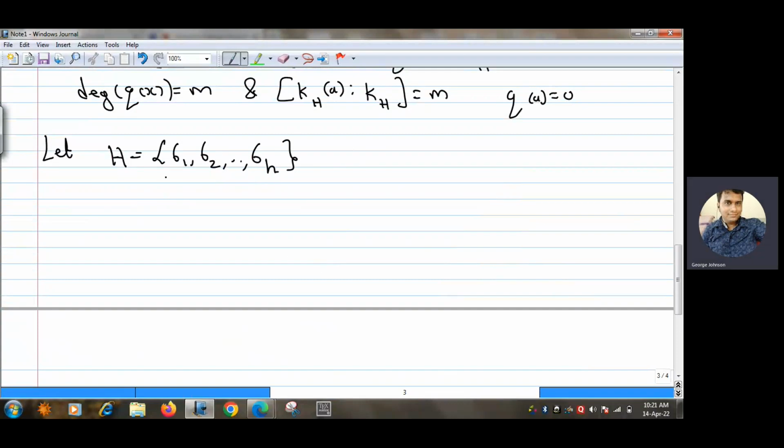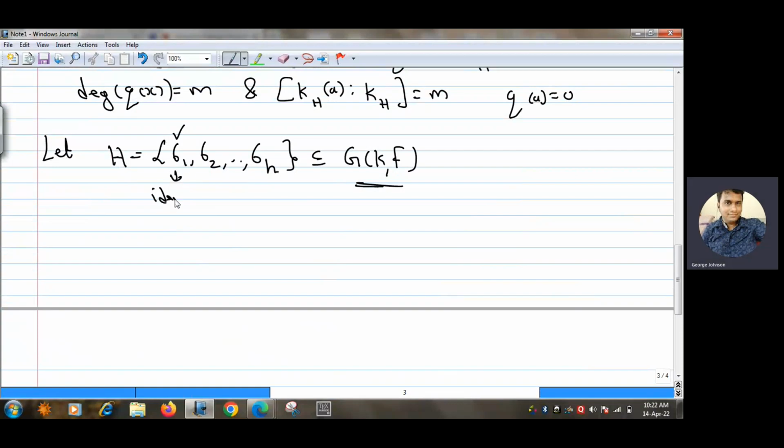And because H is a subgroup of G(K/F), the identity of G(K/F) must lie in H. One of the elements should be the identity because this is a group. So let us call sigma 1 the identity.